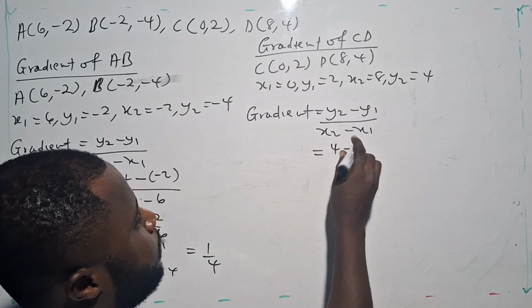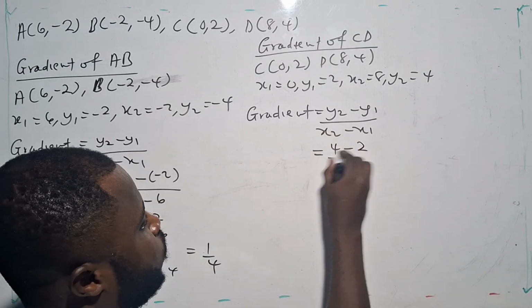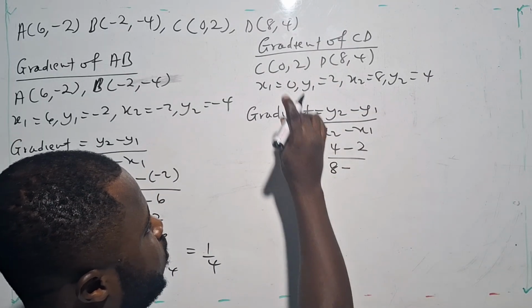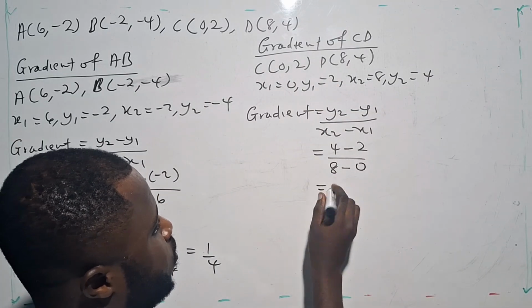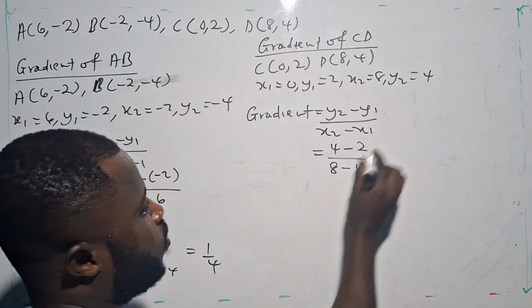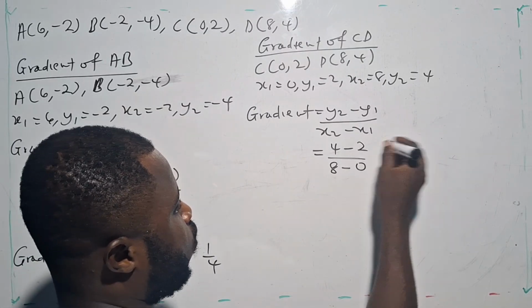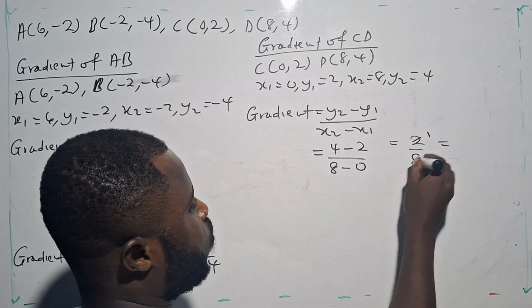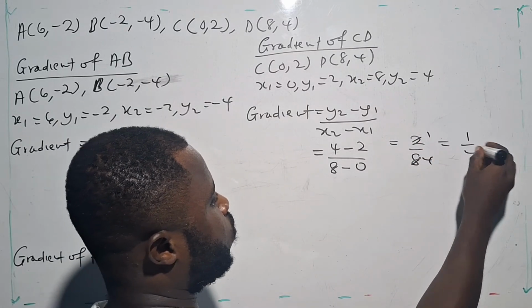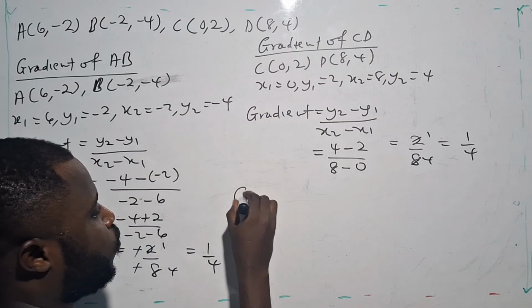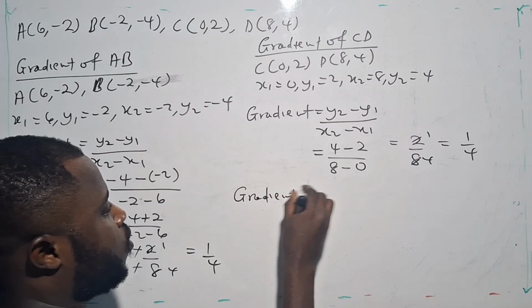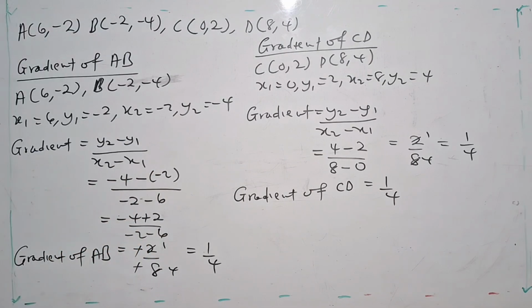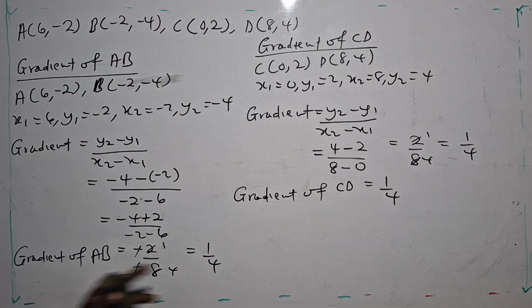Y2 is 4 minus y1 2, over x2 which is 8 minus x1 which is 0. So 4 minus 2 is 2, and 8 minus 0 is 8. You can divide here by 2 and here by 8, so the gradient of CD is also 1 on 4. So we've gotten the same gradient.